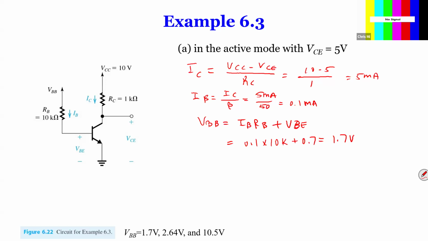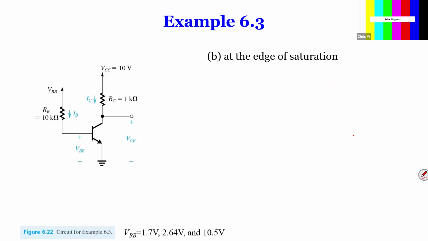That's pretty straightforward. And then the second one asks you at the edge of saturation. When it says at the edge of saturation, it says VC equal to 0.3 volts. Now we can calculate IC equal to (10 minus 0.3) divided by 1, that gives you 9.7.